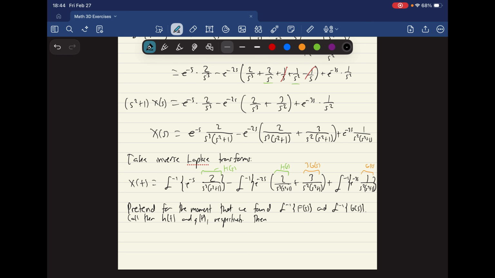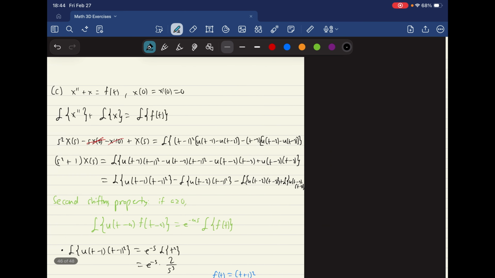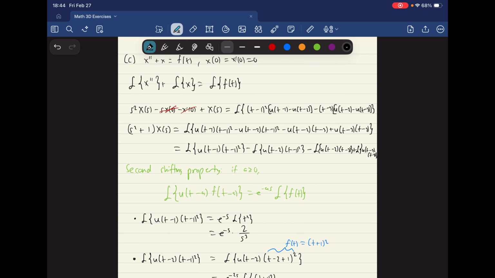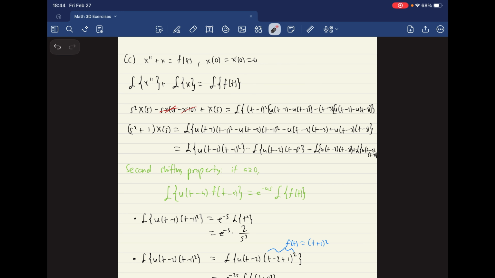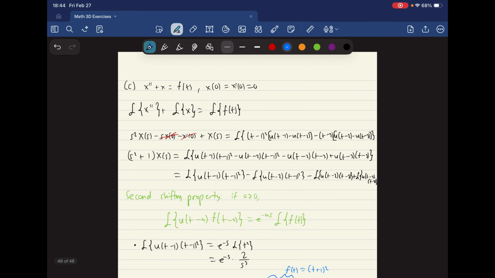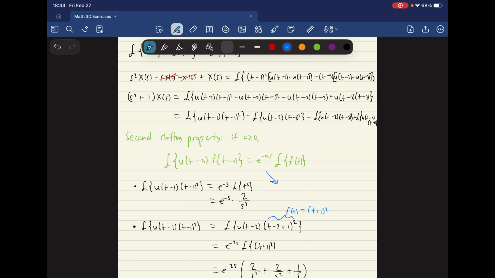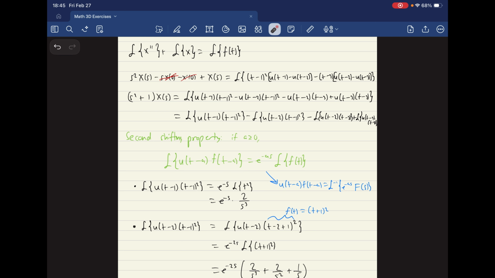Then, returning to the shifting property, we have this, right? But notice that if I take inverse transforms here, this also says that u(t minus a) f(t minus a) is the inverse transform of e to the minus as times capital F of s, where capital F is just the Laplace transform of little f.